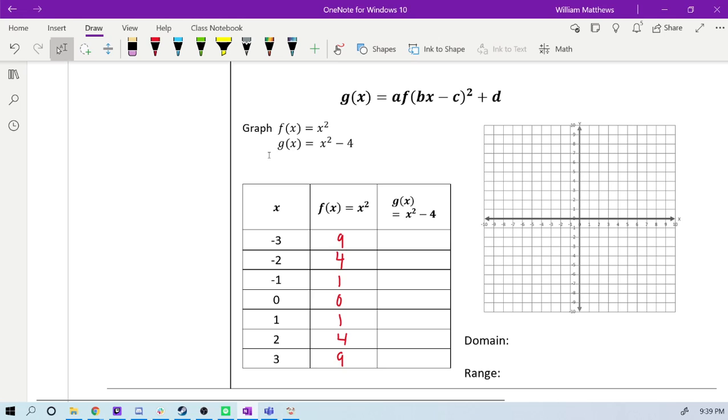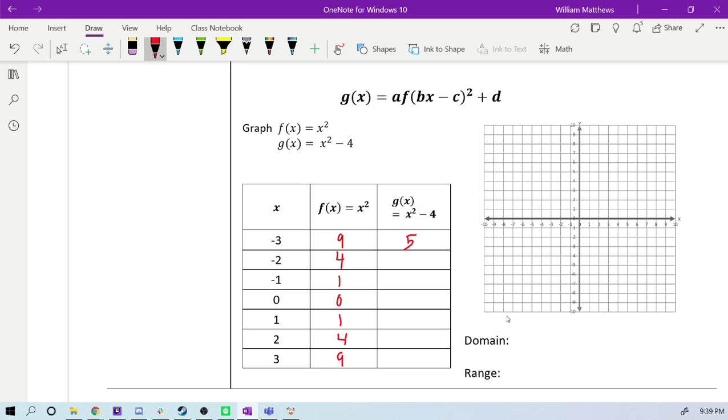Our example, for starters, is going to be g of x, which is going to be our parent function x squared subtracted by 4. Now in comparison, we've written down our x values at each one of these inputs. And now we calculate what our new function would be, which is going to take the parent function output, the 9, and subtract 4 from it.